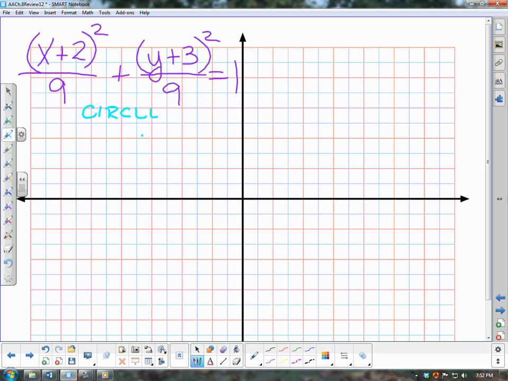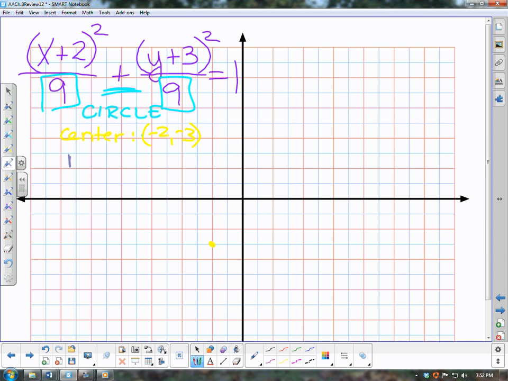And it is a circle because these numbers on the bottom are the same, and we have a plus sign. So then once you know what the figure is, you should find the center or the vertex, depending on what figure you have. In this case, the center is going to be -2, -3. And so we go left 2 and down 3, and there is our center for our circle.